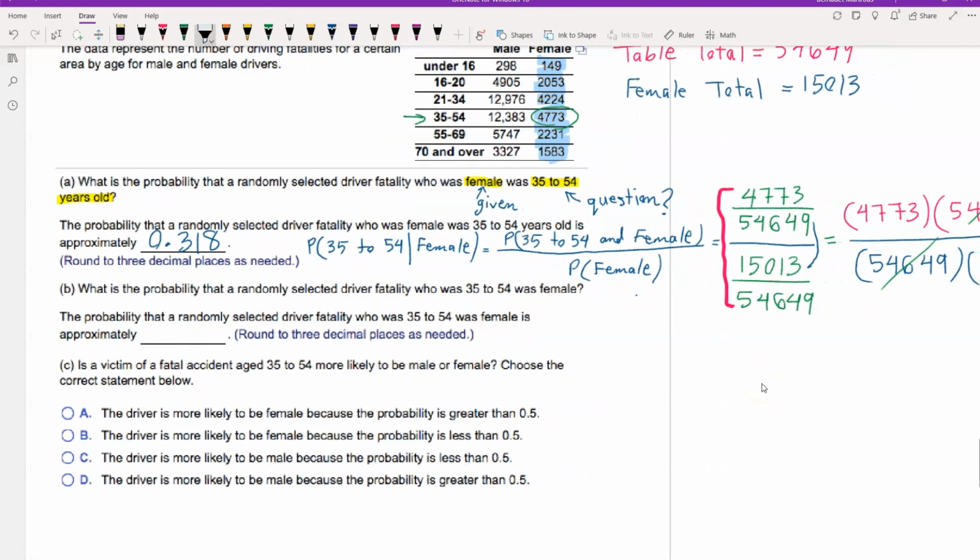Part B, what is the probability that a randomly selected driver who was 35 to 54 was female? So given is 35 to 54, and female is the question. So it's asking if this driver is female. On this part, for these two, part A and B, we had the given first and then the question after.